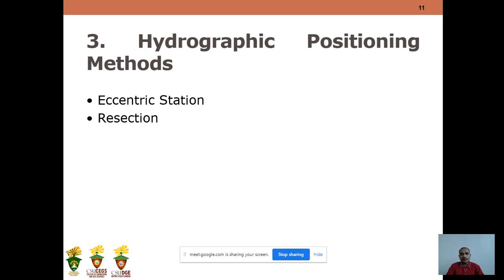For example, ang unknown nimo is katong naka sa bangka. So we are going to use the 3 known locations in the seashore para makuha na to ang certain location and position of the boat, kung asa ka naka-position.